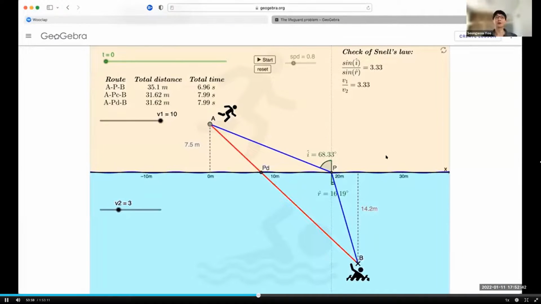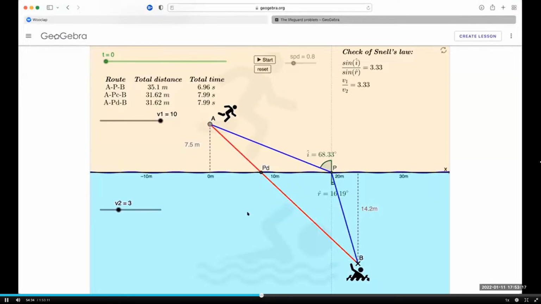All right. So you can see this diagram, and we have this lifeguard trying to save a drowning person in the water at the point B. And this lifeguard can travel faster on sand than in the water. In our settings, this lifeguard can travel at the speed of 10 on the sand, but will travel at a lower speed, about 3, in the water.